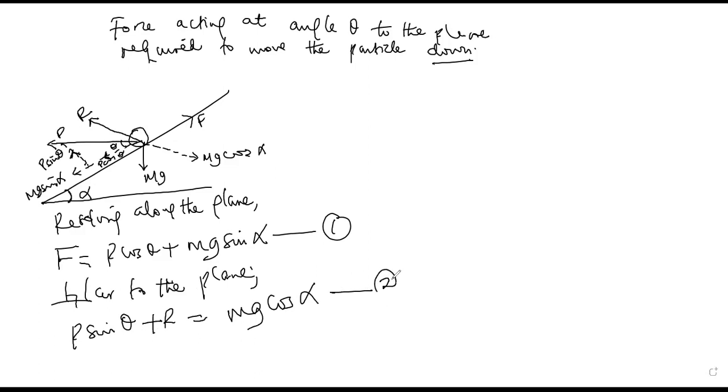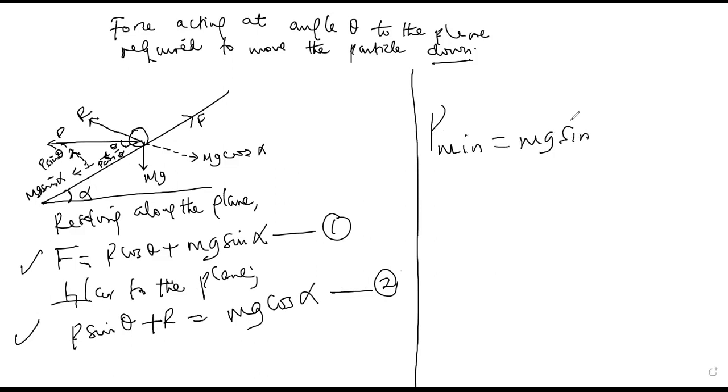Now, if I leave it here, can you derive it up to the final answer? I want you to derive it and see if you get the minimum P as mg sine, it will be lambda minus alpha.